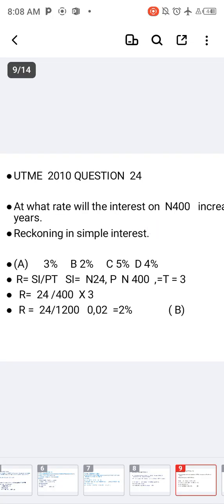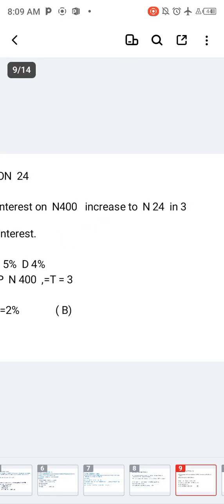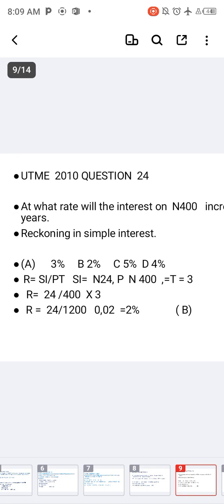Very straightforward question. The principal is 400 naira, the interest is 24 naira, and the time is 3 years. So what are we looking for? The rate.